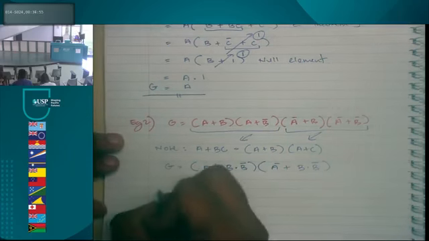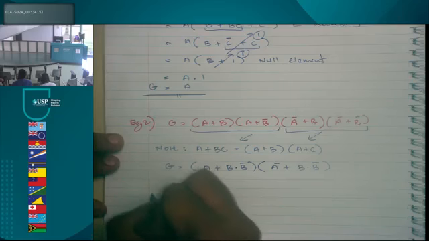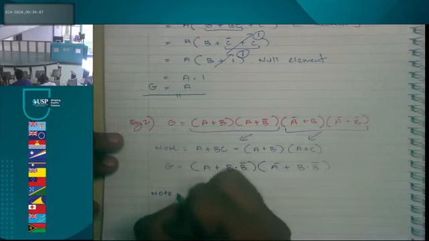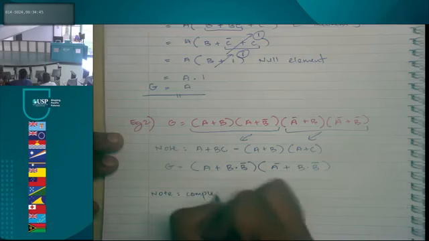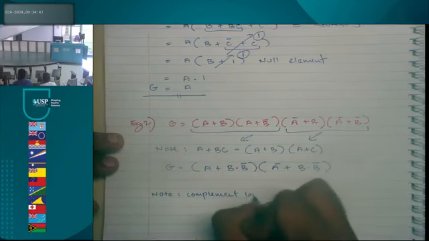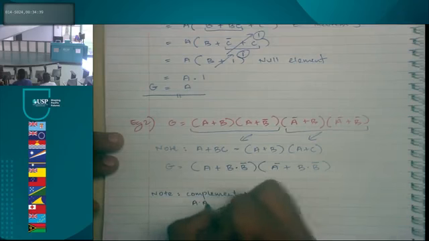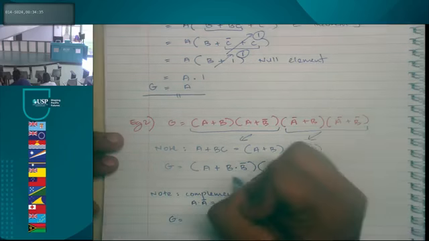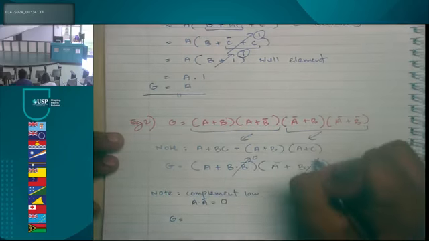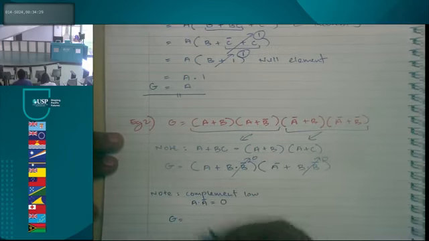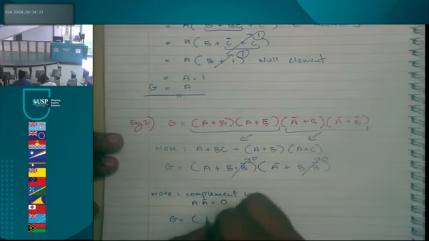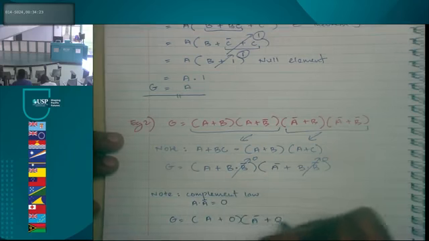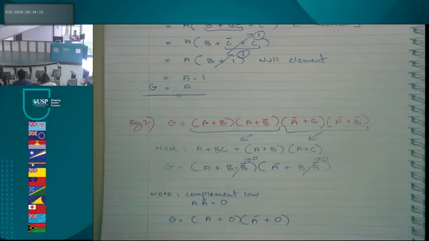So now we're going to be using the complement law, which is A and A bar equals 0, right? So G equals, this will become 0, this will become 0, right? We'll be left with A or 0, A bar 0, right?